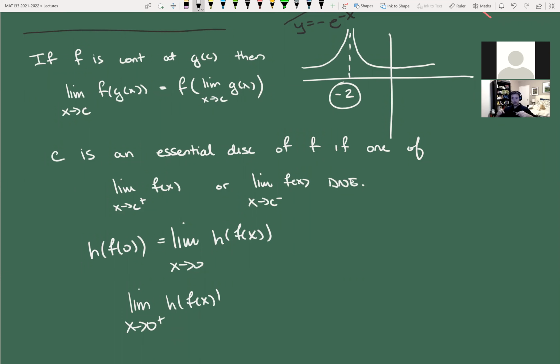Does that make sense? Those numbers are getting closer and closer to -1, but all of them are less than -1. So I'm approaching -1 from the left. For us, the value of f of x would be like -0.5 or something.